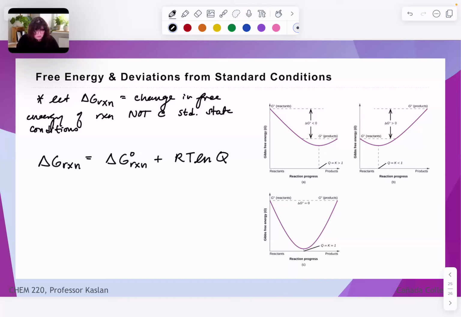So what does this do for us if we are thinking about a system that is not at equilibrium that then tries to achieve equilibrium?